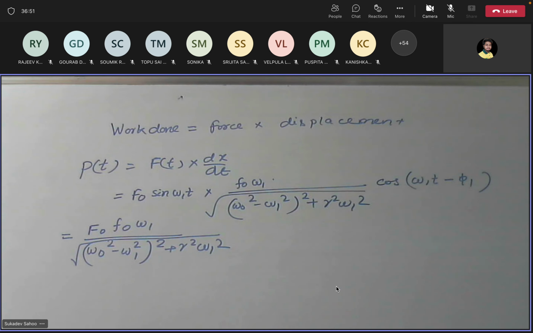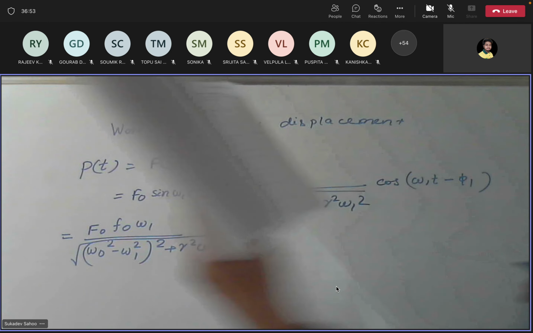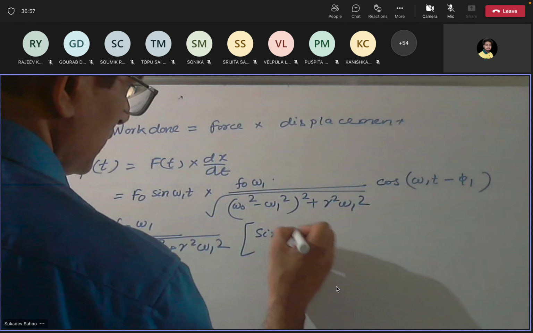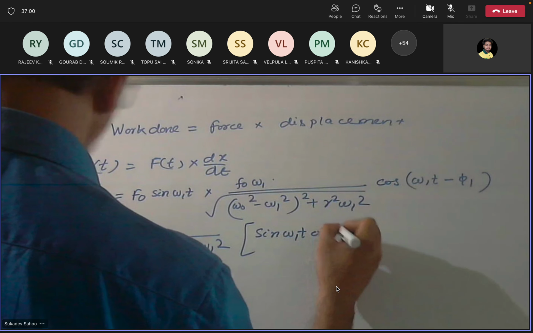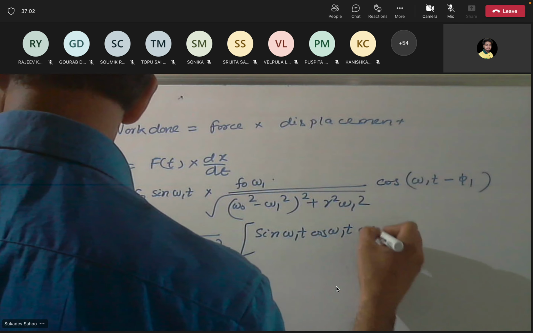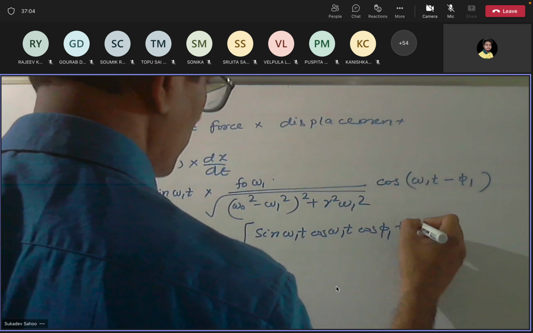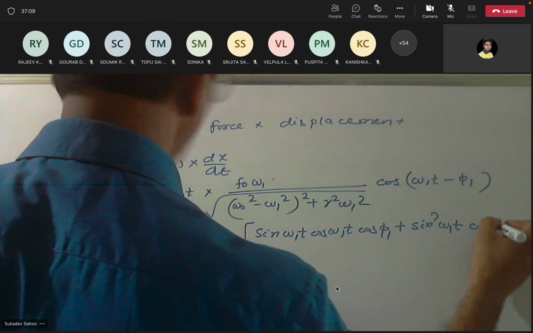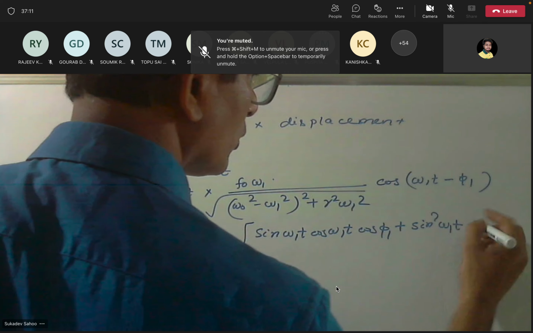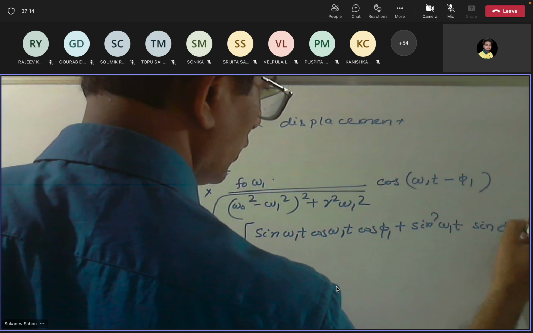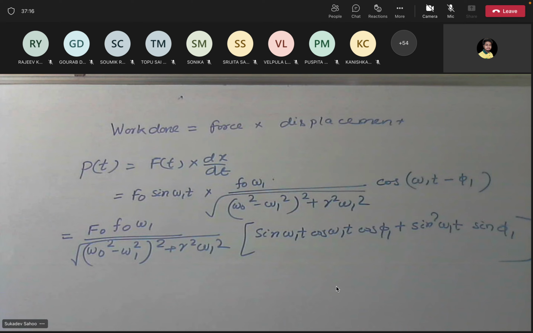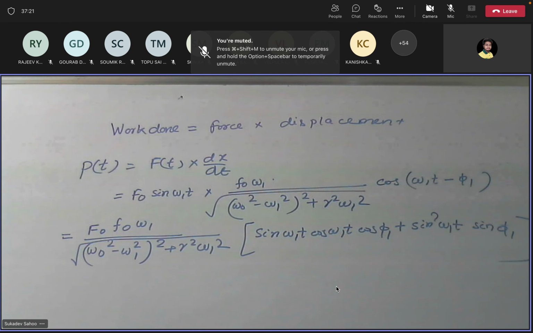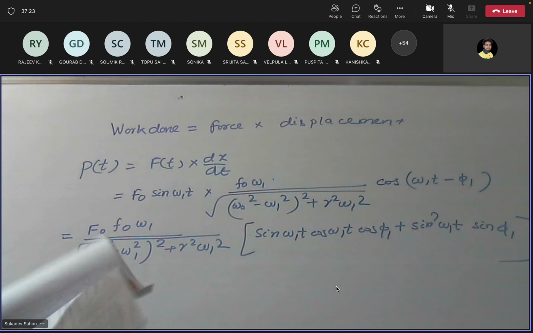Then you multiply by sine omega 1t and you will get two terms. Here I am directly writing sine omega 1t cos omega 1t cos phi 1 plus sine square omega 1t into sine phi 1. All of you know this expression.